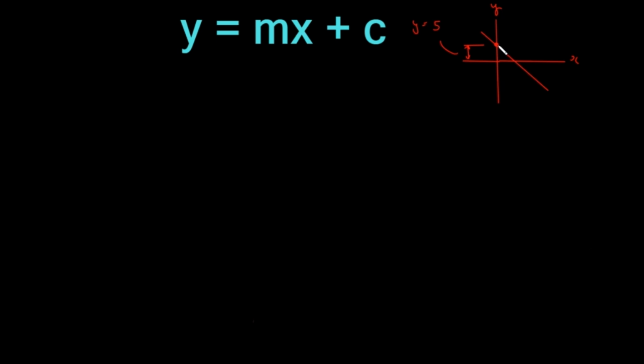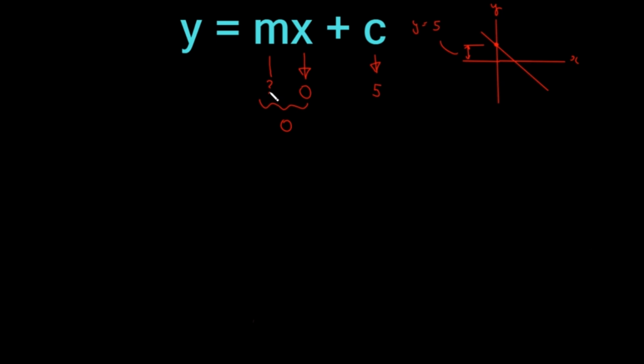Now I said that where it crosses the y-axis is the value of c. So that is 5. Proof, look, x is 0. So this value here is 0. 0 multiplying anything, no matter what that is, the whole of that will be 0.